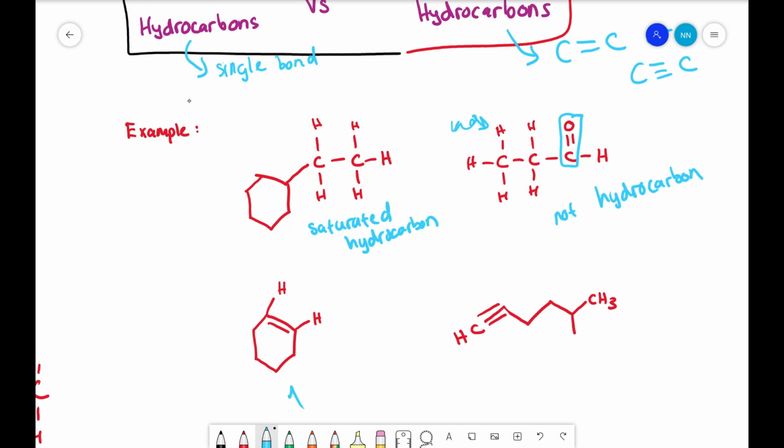Next, let's look at the structure here. You can see you have one double bond here. Remember the key concept of unsaturated hydrocarbon: if you have at least one carbon-carbon double bond, then it is known as an unsaturated hydrocarbon.